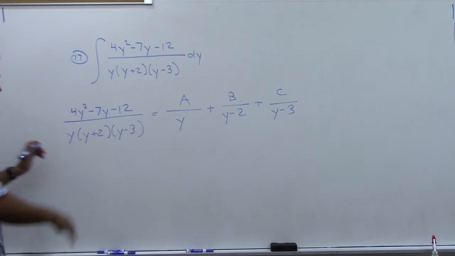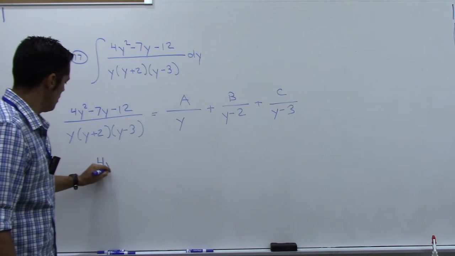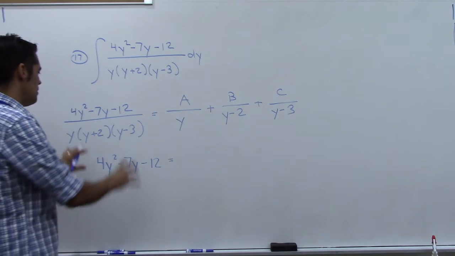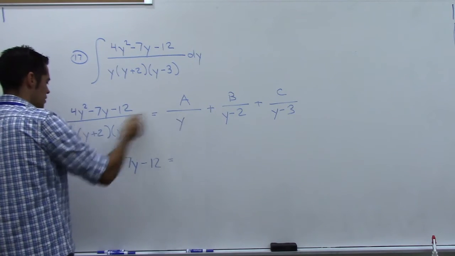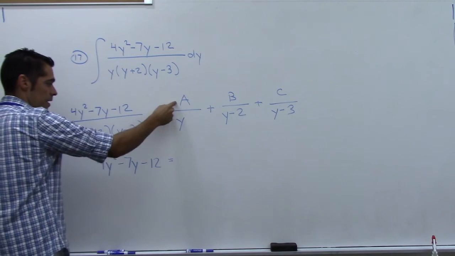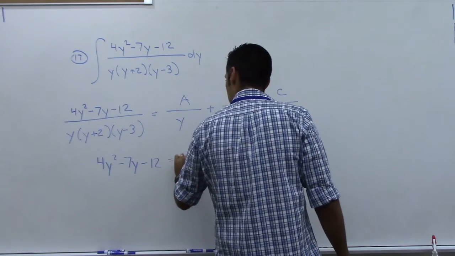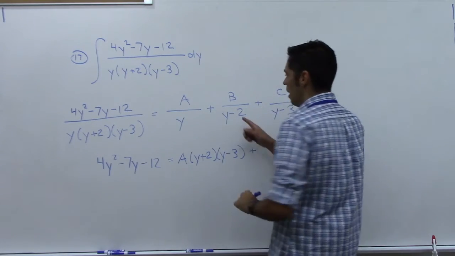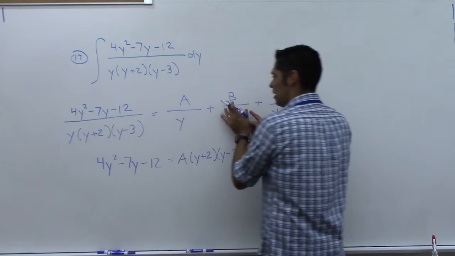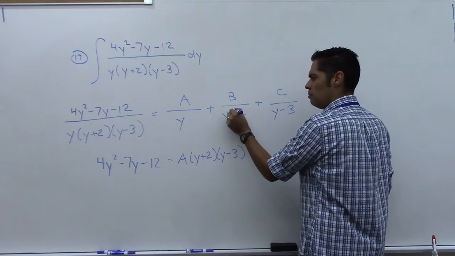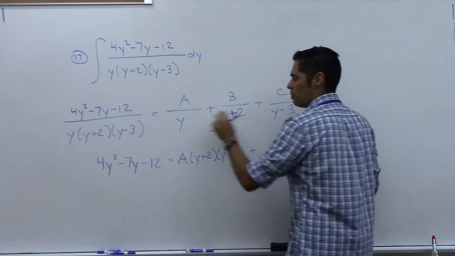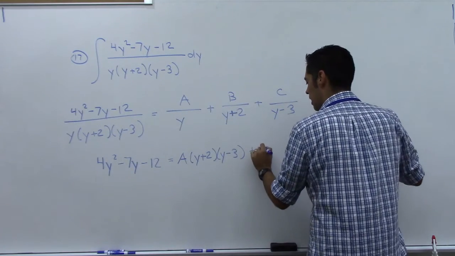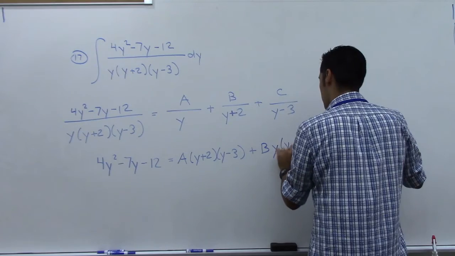I multiply both sides of the equation by the LCD. So here it cancels completely. I get 4y squared minus 7y minus 12 equals, now when I multiply this times that, just the y's cancel, and these two are still left with the A. So I get A times (y plus 2)(y minus 3), plus, now when I multiply this whole thing times the LCD, the y plus 2's cancel, that should have been plus 2, I'm sorry, so I get the B, I still have a y and a y minus 3.